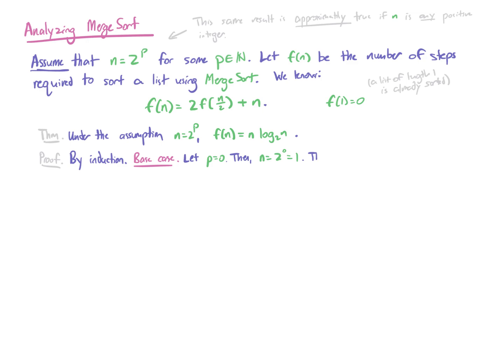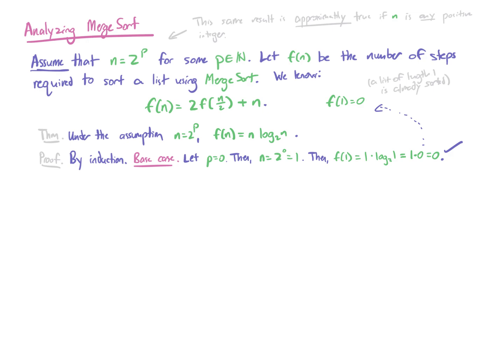Okay, then let's check our formula here. f of n would be f of 1, which is 1 times log base 2 of 1. And log base anything of 1 is always equal to 0. And so we end up with 1 times 0, which is 0. And indeed, that matches our base case that we know for the recurrence relation.